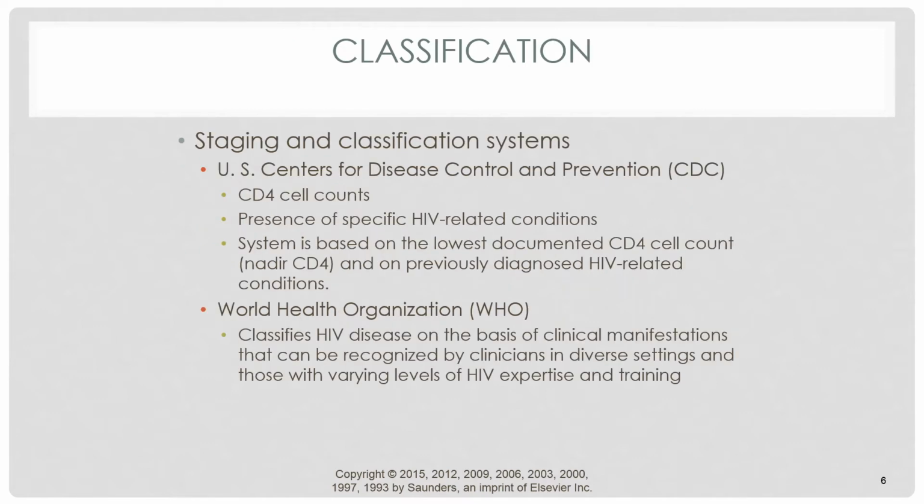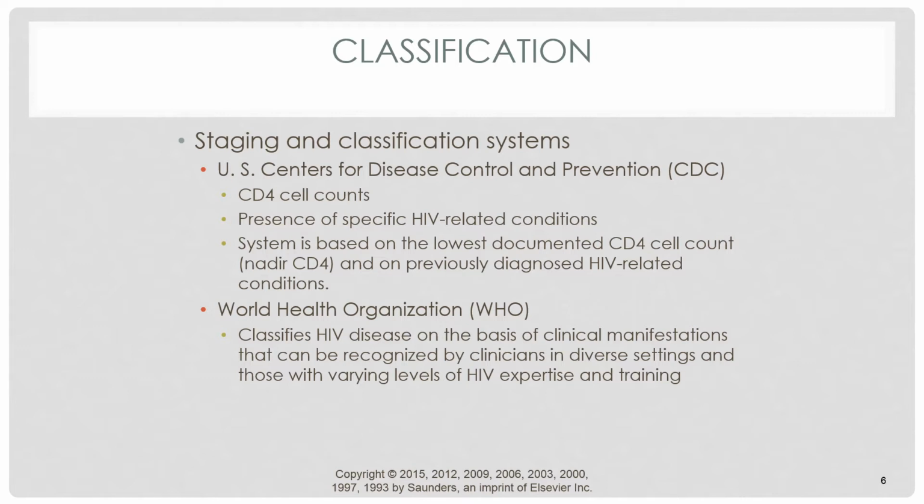All right, so staging and classification systems. The U.S. Center for Disease Control and Prevention, the CDC, stages HIV and AIDS based on very specific criteria: the CD4 cell counts and presence of specific HIV-related conditions. There are some real hallmark diseases like Kaposi sarcoma that are identifiable as someone who has HIV or AIDS.